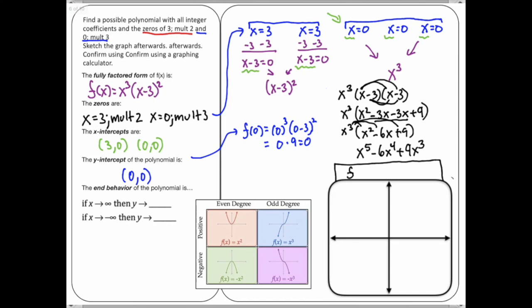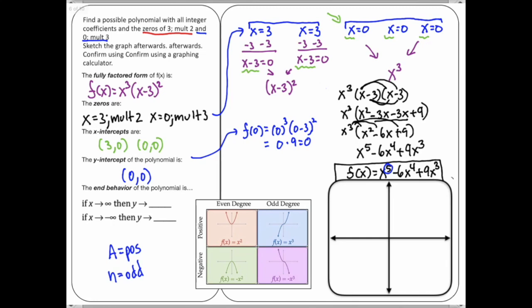And so my function in standard form, or my possible polynomial function in standard form, is x to the 5th minus 6x to the 4th plus 9x to the 3rd. From that, I can go ahead and find the end behavior. So I have a is going to be positive, and n is going to be odd.